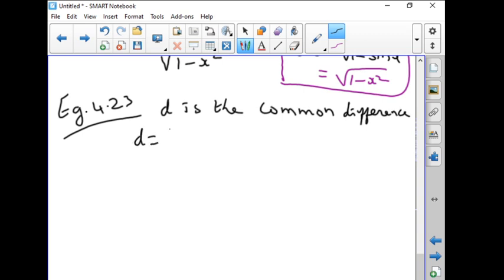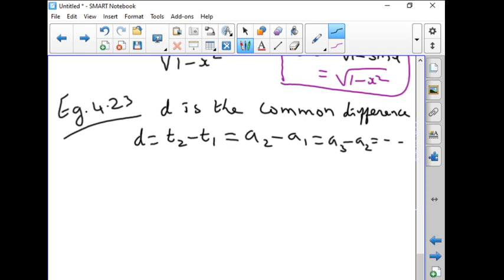D is equal to T2 minus T1, second term minus first term. So, here we take it as A2 minus A1, similarly A3 minus A2, and so on.